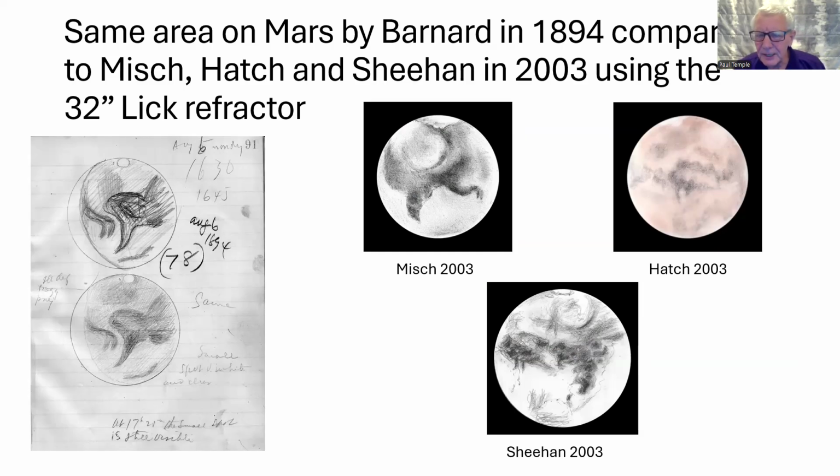He is now a retired psychiatrist or psychologist, I don't remember which. His, I thought, was probably one of the more detailed, but Mish is very good as well. But I wanted to show you the differences.